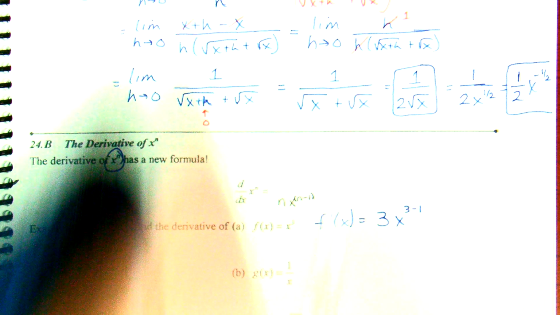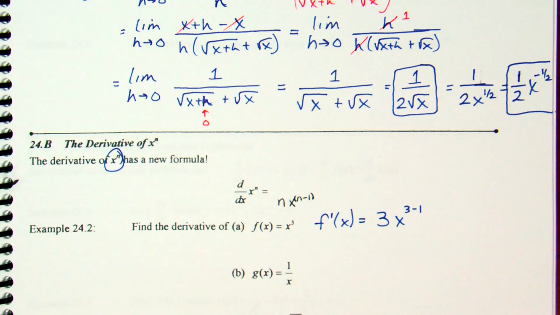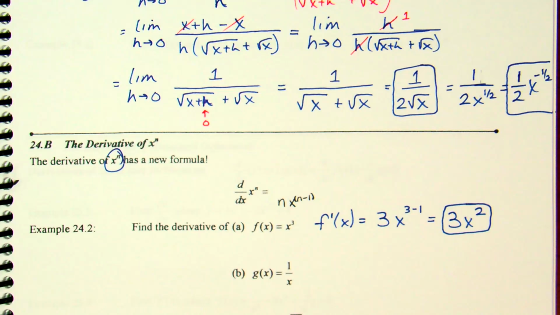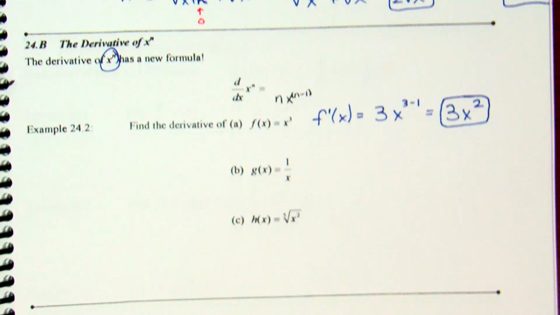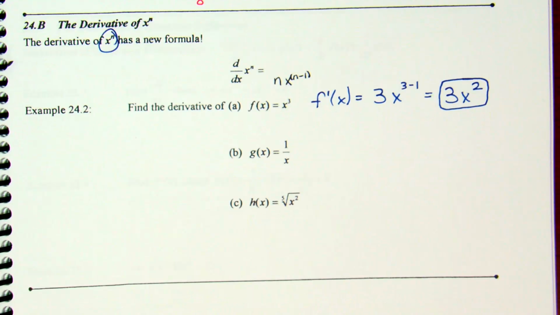Are you guys okay with saying 3x to the 3 minus 1? We basically put the power out front, 3, and then we subtracted 1 within the power. What does this simplify to be? 3x squared. Again, you move the power out front and multiply, and you subtract 1 within the power. That's the short of it.